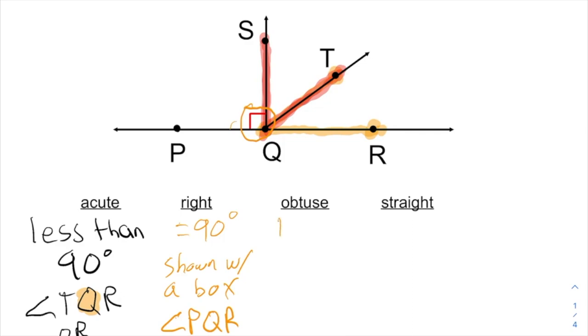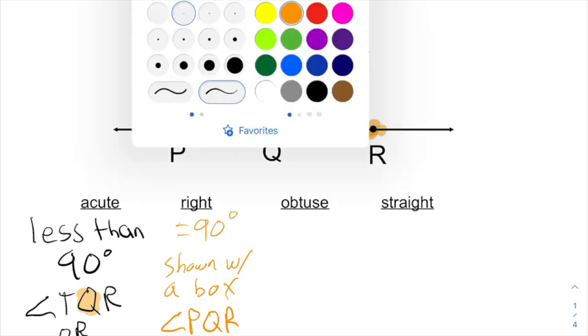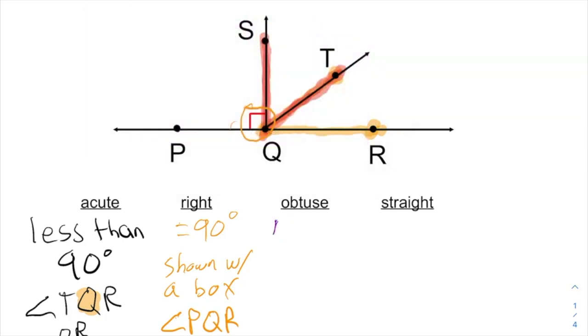Obtuse angles are more than 90 degrees. So if I'm looking at obtuse angles, I've got to find one that's big, it's open, it's wider than 90 degrees.